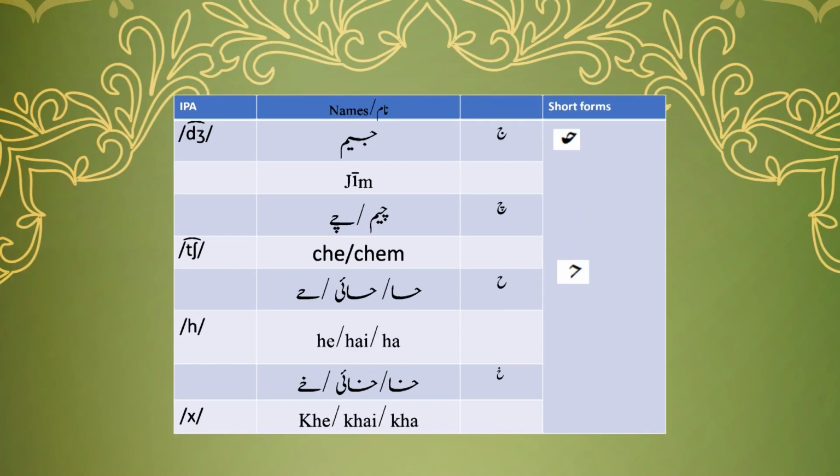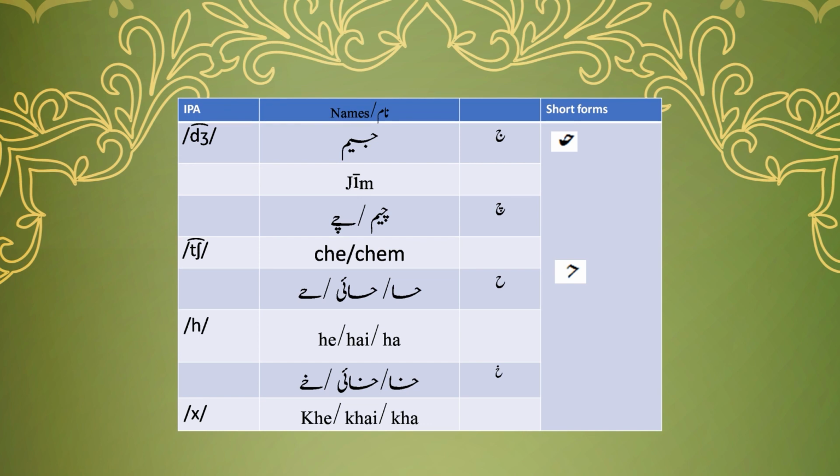But here we will again observe this group forms only two short forms, and every alphabet has its own one full form with dots. On the right side you can see two short forms, and in the second column you can see all the alphabets with dots. Dots make them different. And in the third column you can see names.